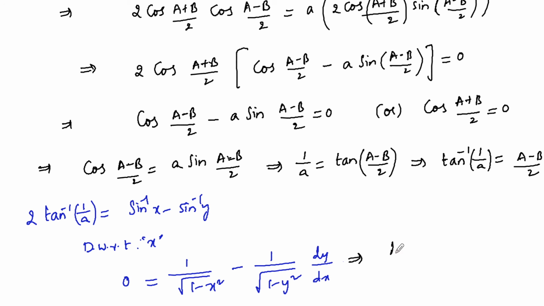So which implies that dy by dx is equal to, by simplifying, root over 1 minus y square upon root over 1 minus x square.